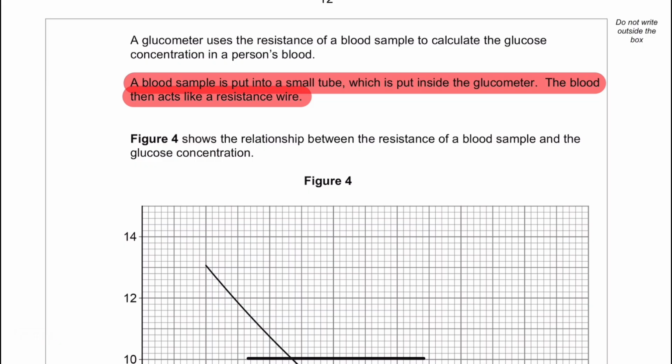A glucometer uses the resistance of a blood sample to calculate the glucose concentration in a person's blood. Key information is given here. A blood sample is put into a small tube which is put into the glucometer. The blood then acts like a resistance wire. Figure number 4 shows a relation between the resistance of the blood sample and glucose concentration.